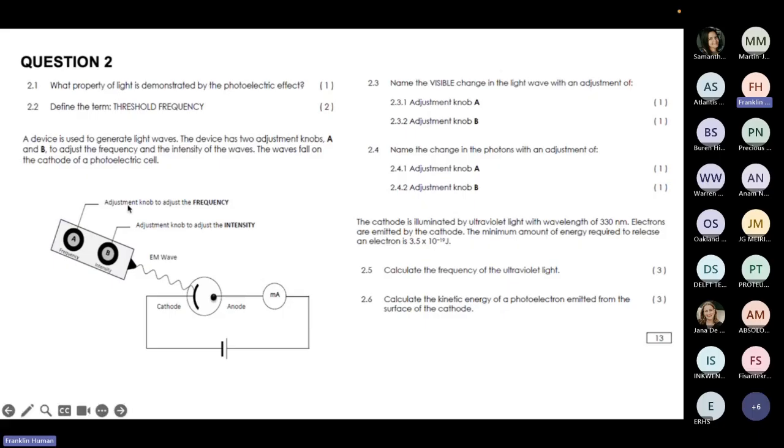So there's a control for wavelength or frequency, and there's a control for intensity. And this is the electromagnetic wave that is emitted onto your electrode, that's your cathode, that is made up of a specific metal. And we will know what will happen to that metal when different frequency light is shone onto that metal surface.